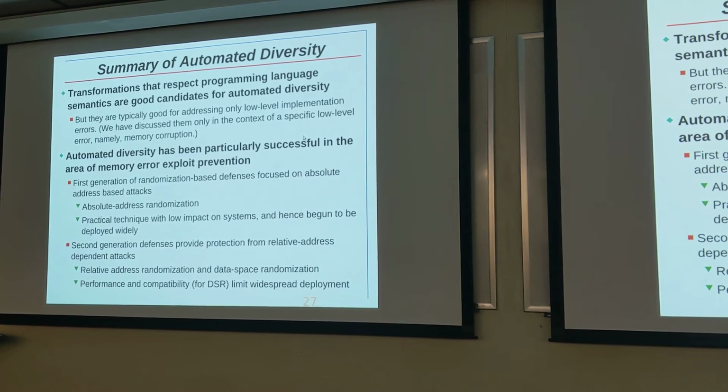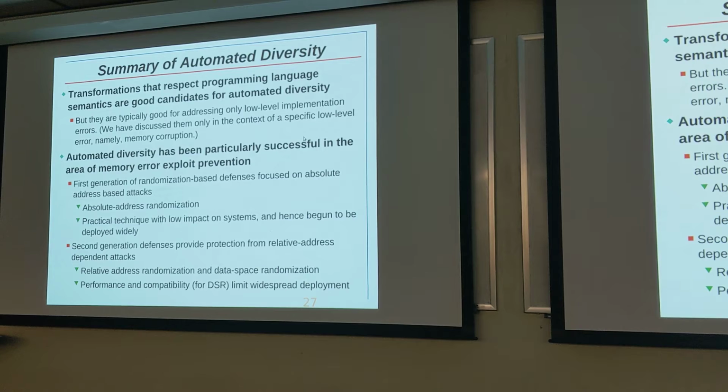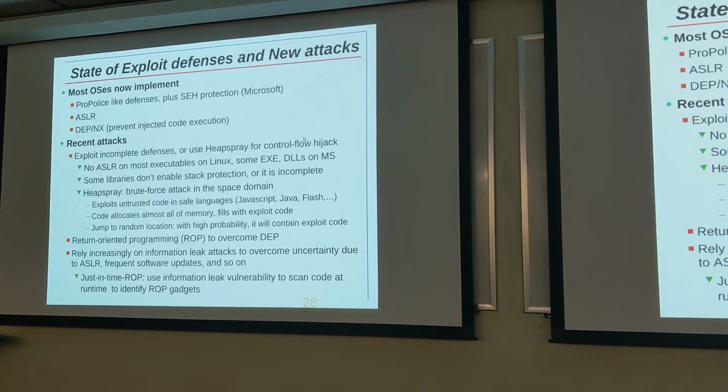Obviously, one would like techniques that are broad in scope, but it's difficult to find them. So there is randomization, and there isn't anything else that really has that kind of broad ability to protect against this class of attacks.